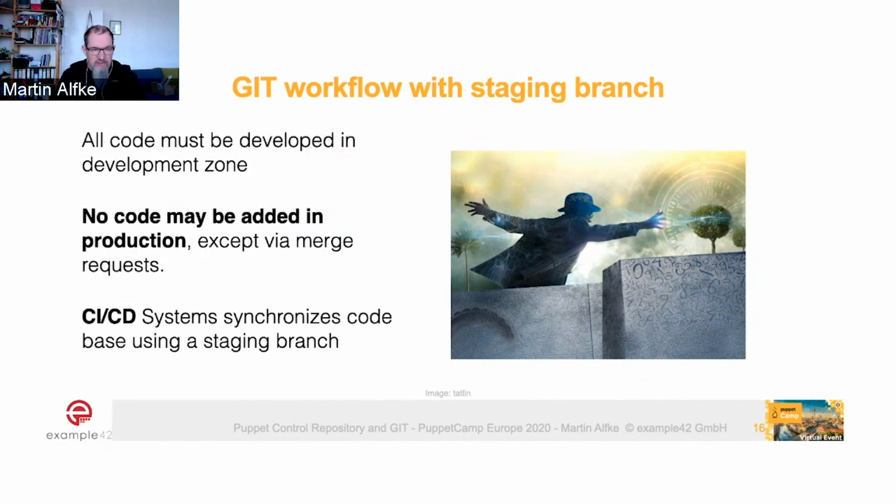We say all code must be developed in the development zone, and you are not allowed to push code to your production Git server. There will be merge requests created, but hopefully this is all done by a CI/CD system, so it automates your synchronization and your merge request creation.